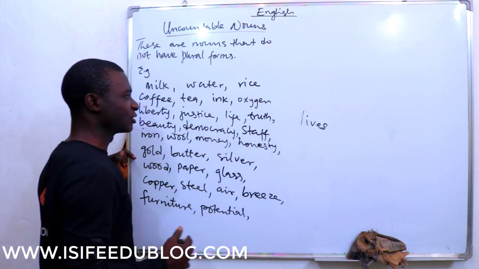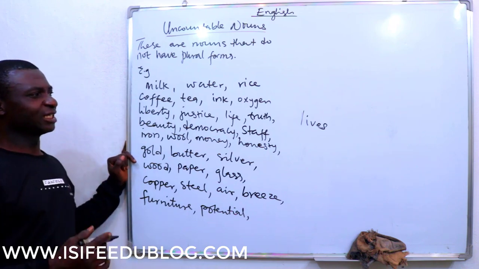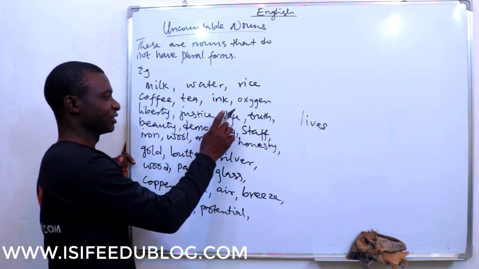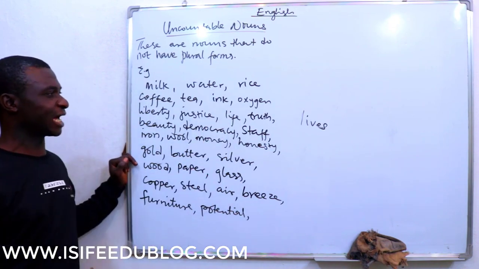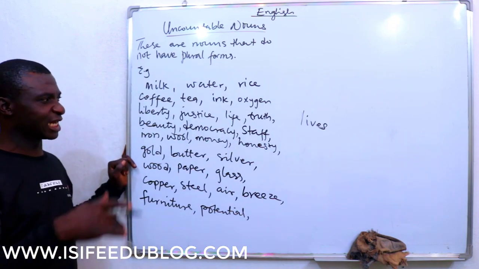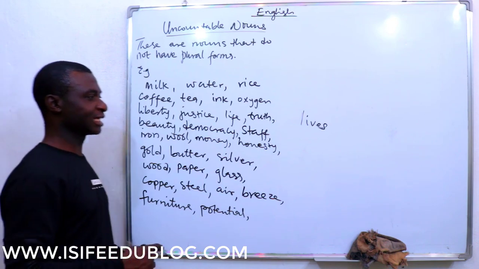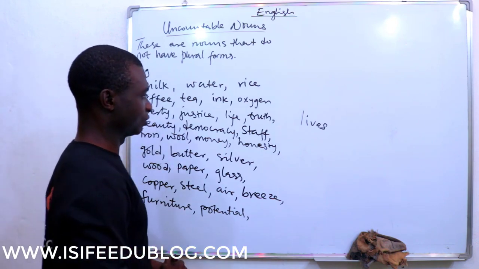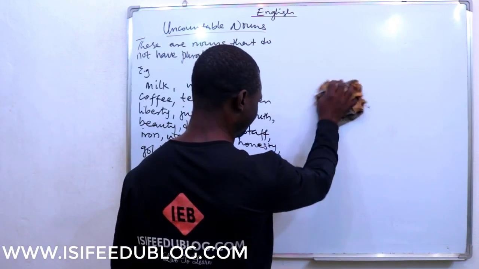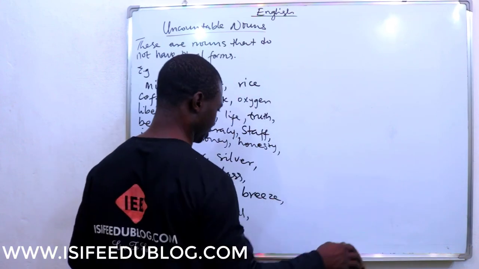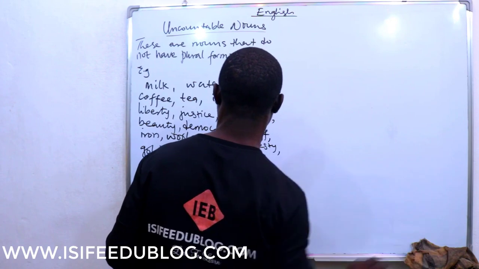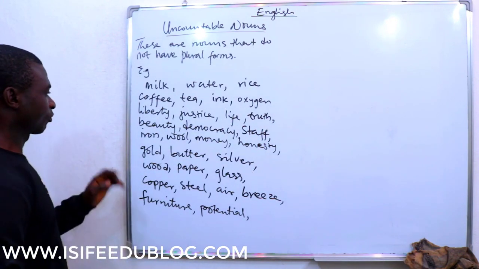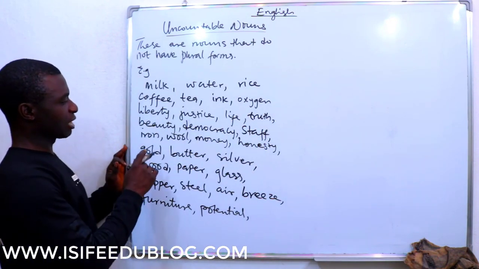But when life means all activities in the world, life is not countable. So here, we take life as all activities around you. In that case, it's not a plural noun.